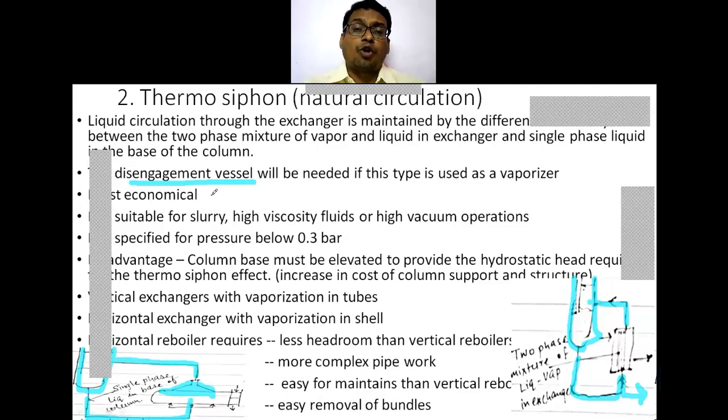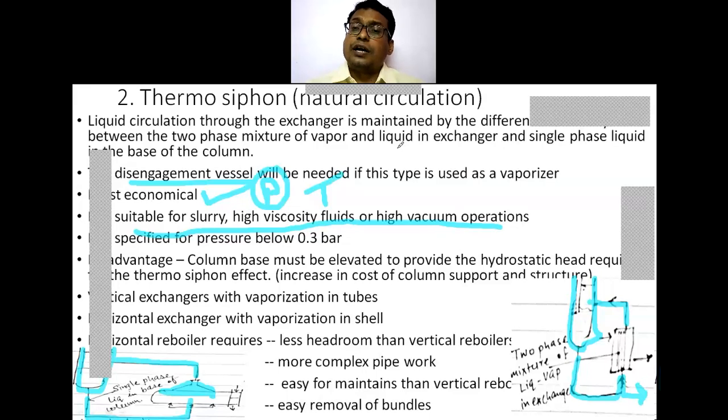It is the most economical because we are not using the pump. So pump cost will be reduced, and as a result it becomes economical. This is not suitable for slurries, high viscous fluids or vacuum operations. As we are not using the pump, the flow is only by the natural temperature difference, the density difference and the head difference.